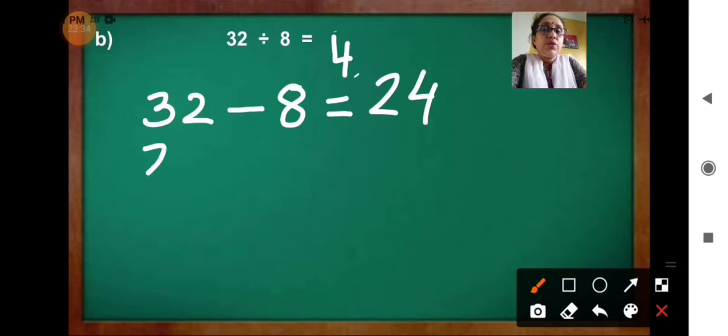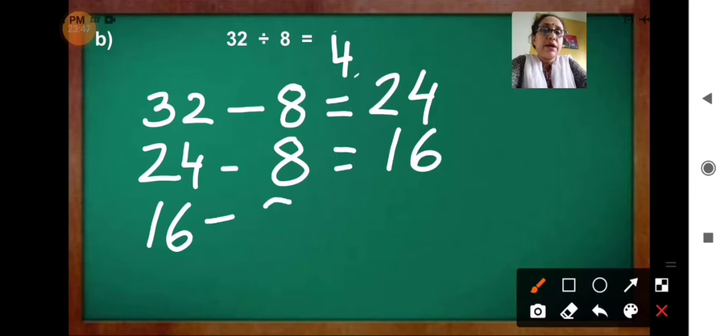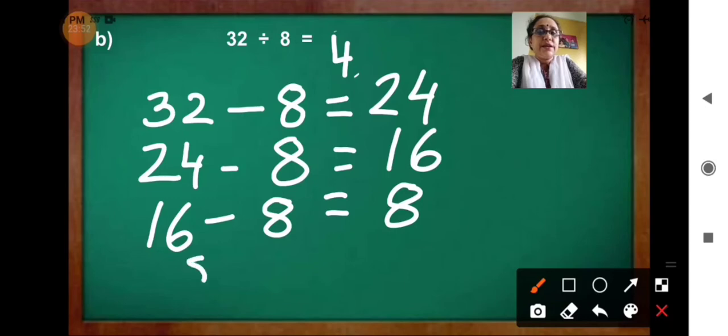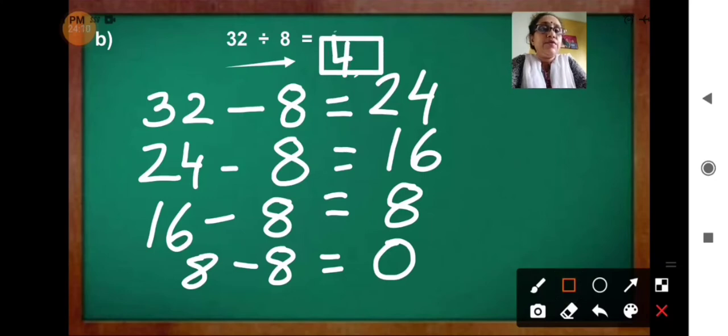Then 24 minus 8. Yes, do the subtraction. We are getting 16. Then 16 minus 8. 8. And 8 minus 8 equal to 0. Okay. So when we divided this 32 divided by 8, we are getting 4.